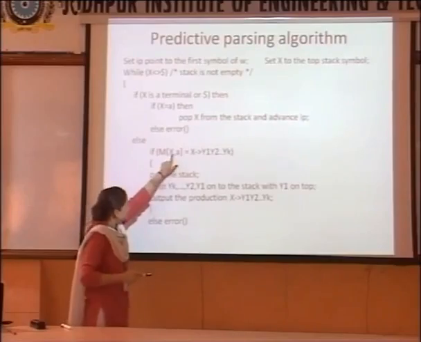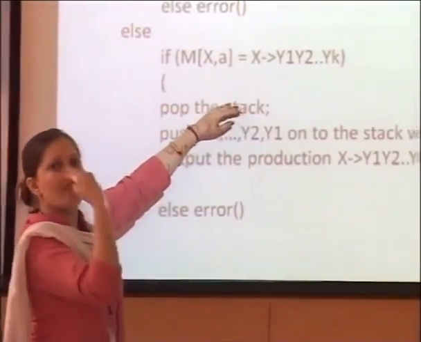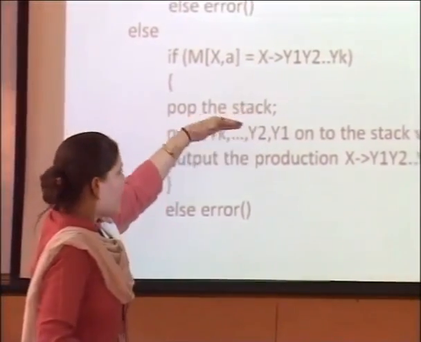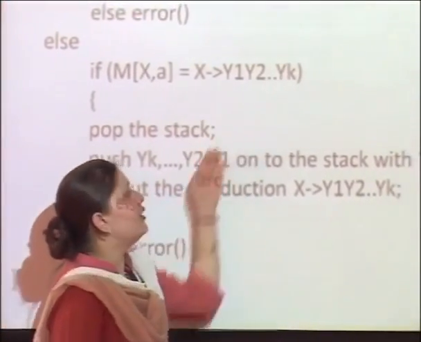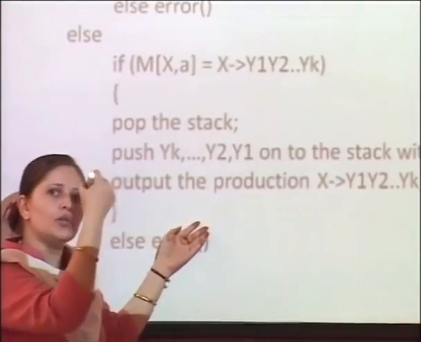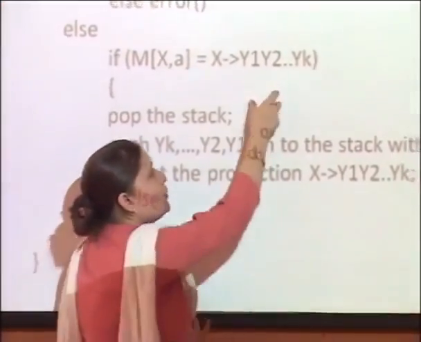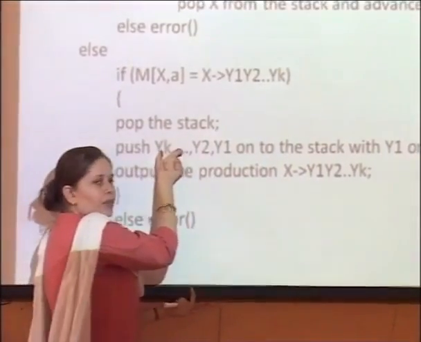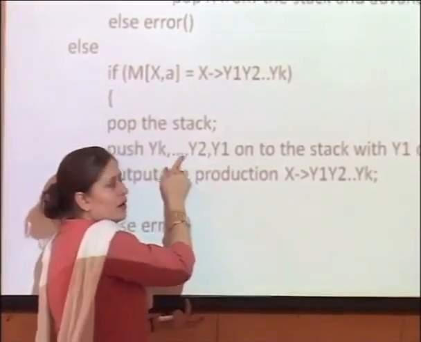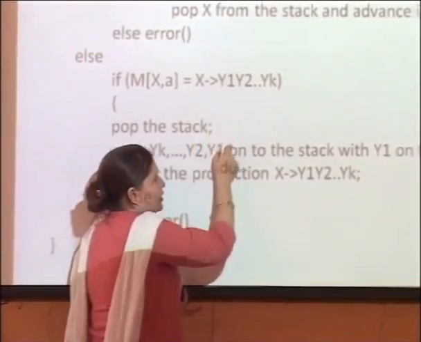That means this capital X will be popped off from the stack, and now we will reverse the right side of the production and push it onto the stack. That means while pushing it onto the stack, we will enter it as Yk, then Yk minus 1, then Y2 and Y1.